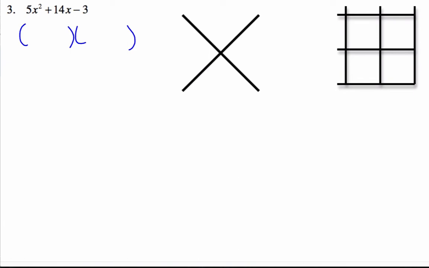And so the first step that I'm going to do is multiply these two terms together, which is a negative 15x squared. And that goes down here in my x. Then I'm going to take the 14x and put the positive 14x here. Okay?